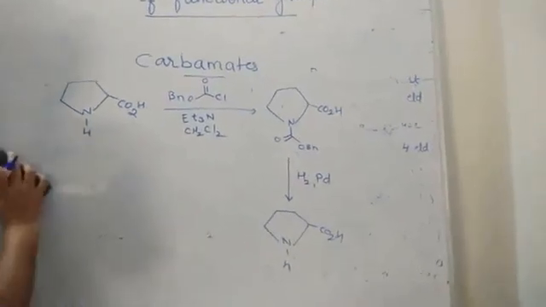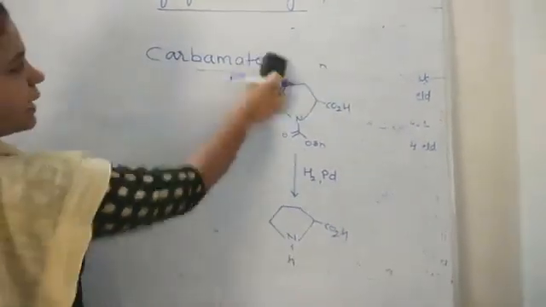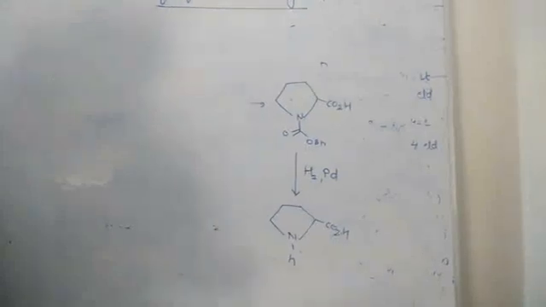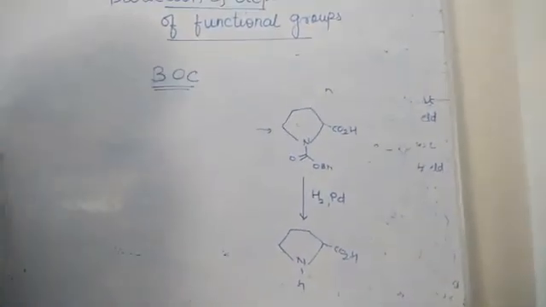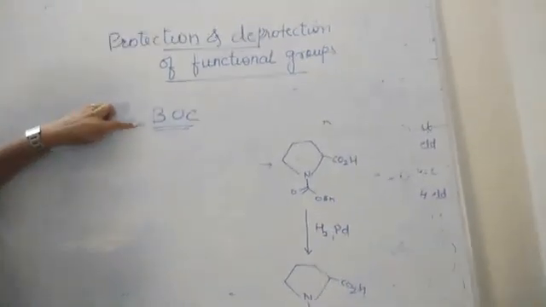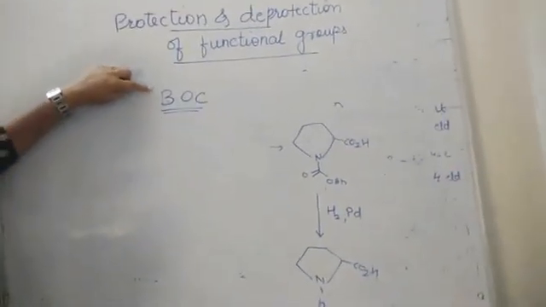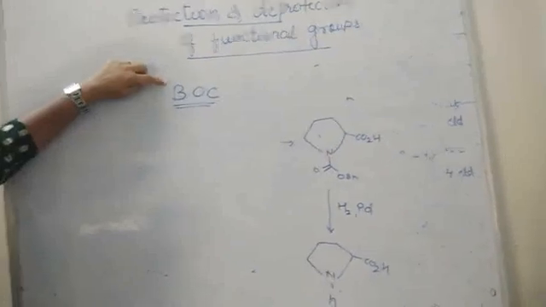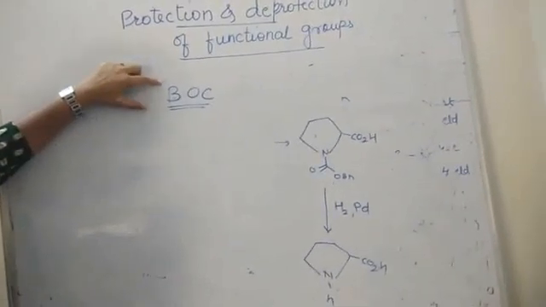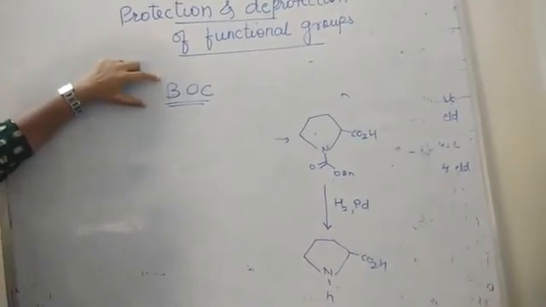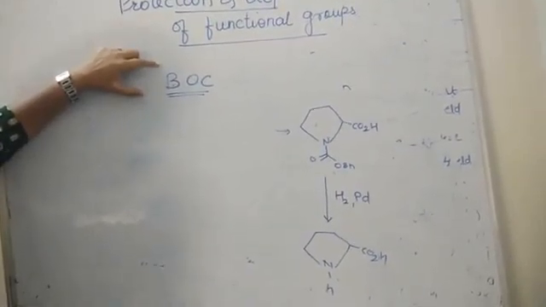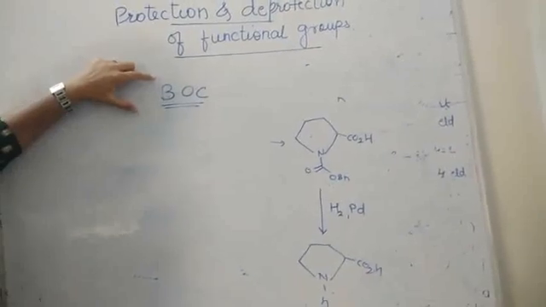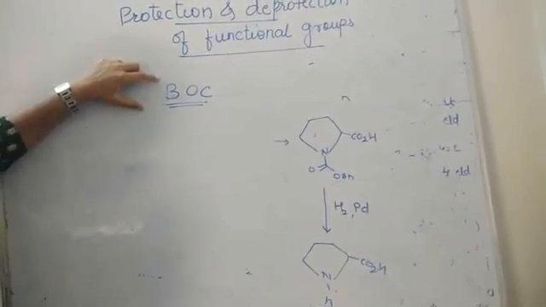Now the third method by which we can protect amine is by using BOC. Now what is this BOC? This BOC is the tertiary butoxycarbonyl compound. This tertiary butoxycarbonyl compound is inert to hydrogenolysis and resistant to bases and nucleophilic reagents.